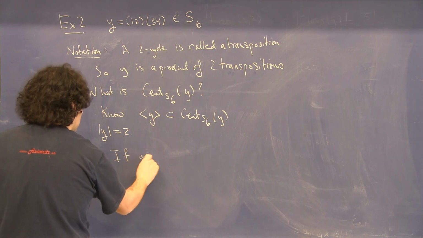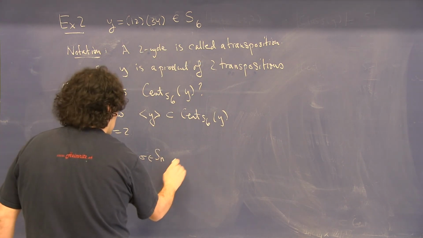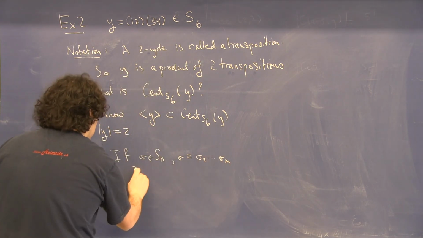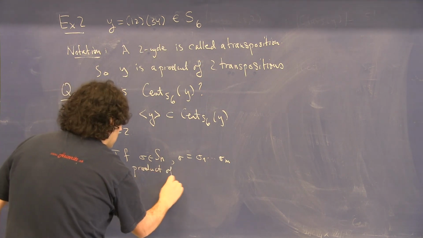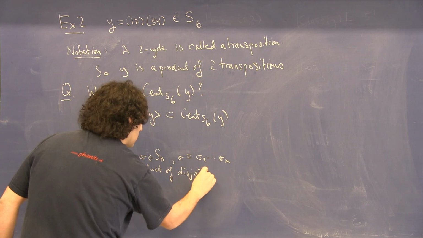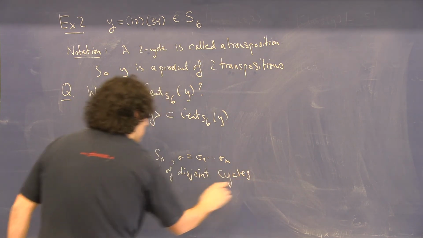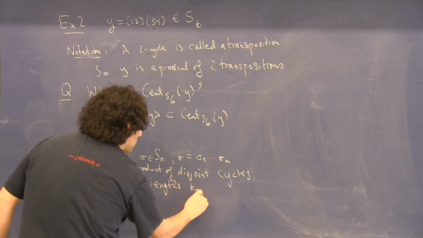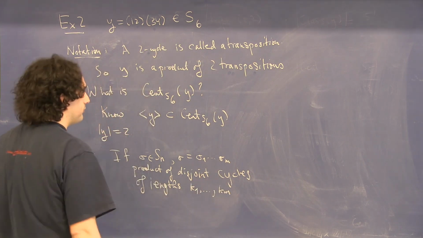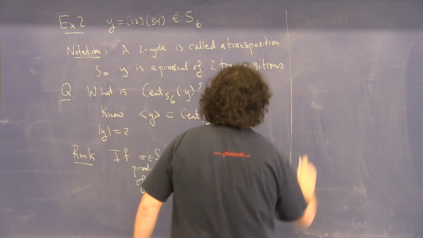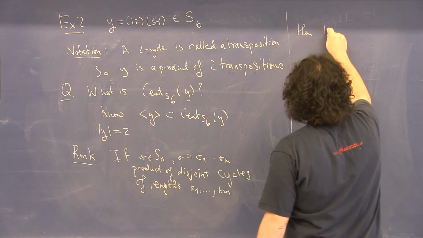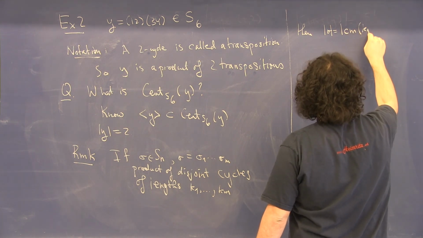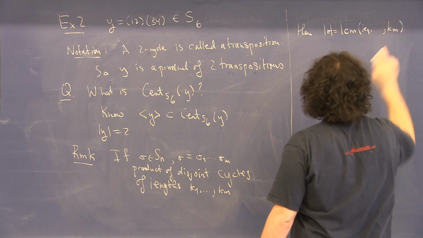So if sigma is in Sn and sigma is equal to sigma 1 up to sigma m, a product of disjoint cycles of lengths k1 up to km, then the order of sigma is the least common multiple of k1 up to km.